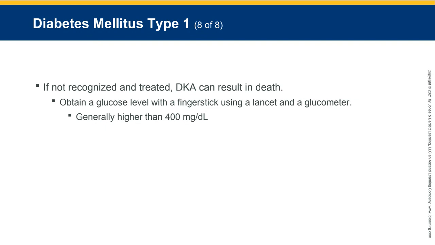And because of the excess sugar, they will become dehydrated, because that sugar is going to pull water out of the cell. So they have acidosis, which messes up the electrolytes. They're going to need insulin, and they have issues with dehydration because the excess glucose molecules are pulling water out of the cells. Cells are becoming dehydrated.